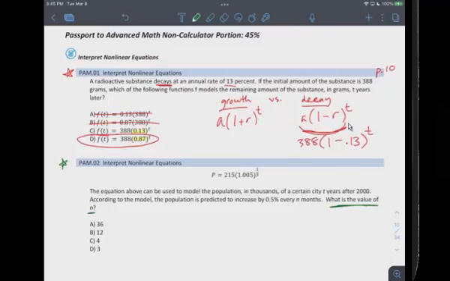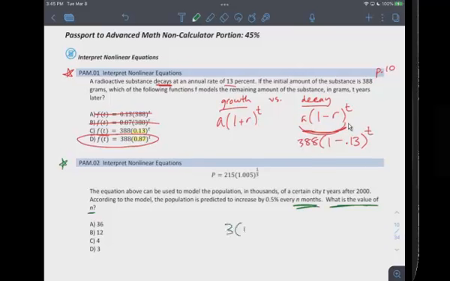Something like this would be much later in a section than what you might think. You might look at that and think, well, why would this be so late in a section? It's clear the answer is 3. But it's later in a section for a reason, because they're asking you to find the number where n is the number of months. So if that change happens in 3 years, how many months is that going to be?